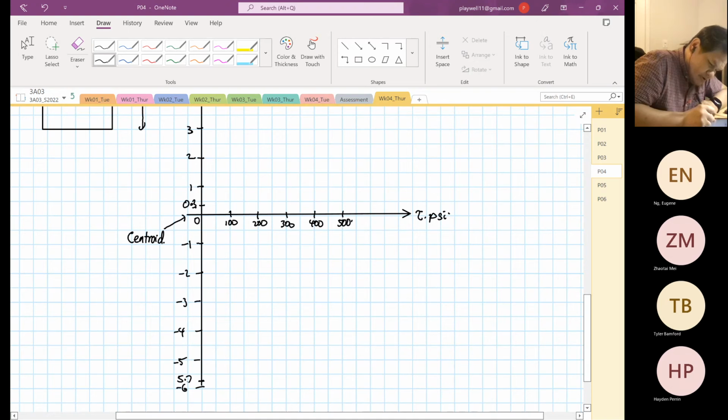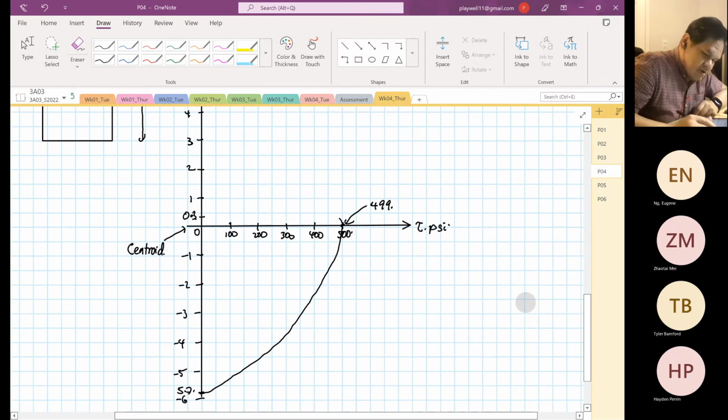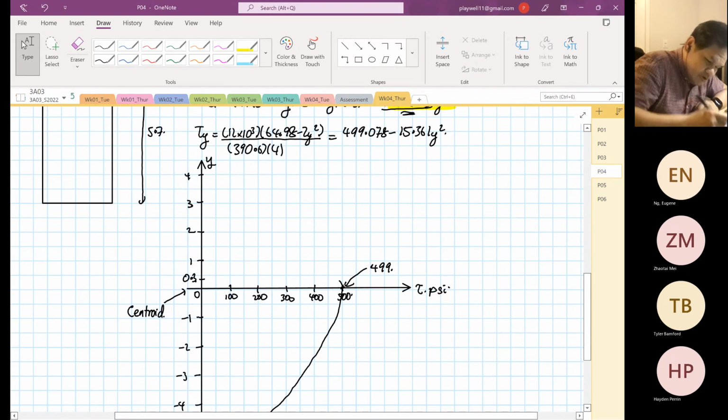We know that from 0.3 to 5.7 is a continuous graph that looks like this. This is just a sketch. And then at this point, it is equal to 499.078. So you label 499.078.